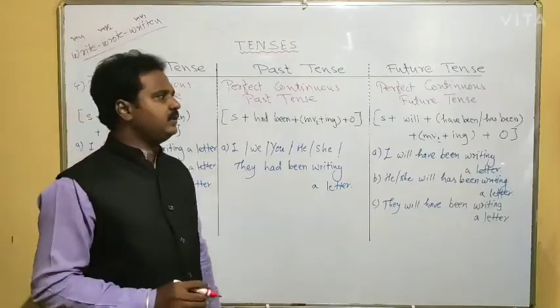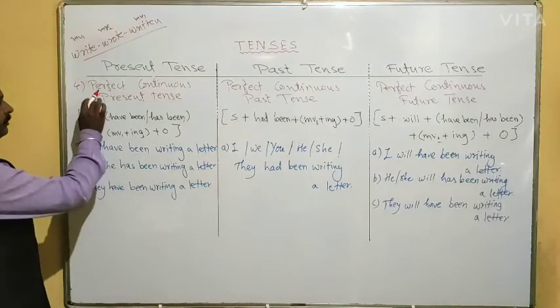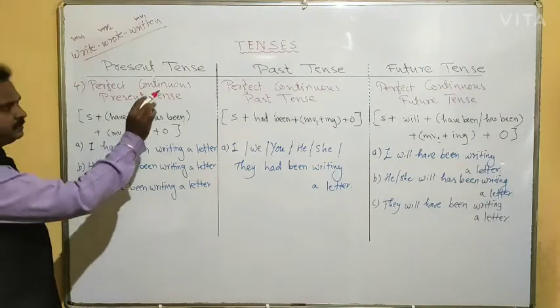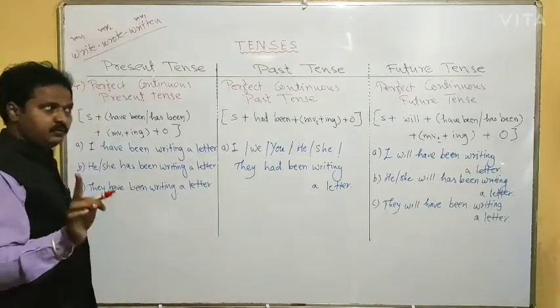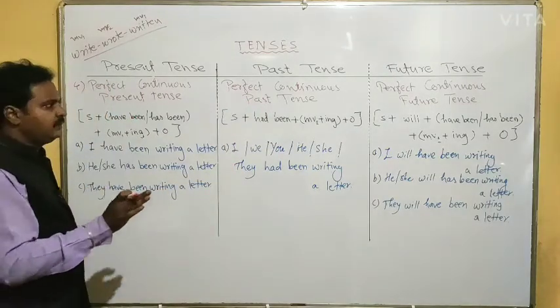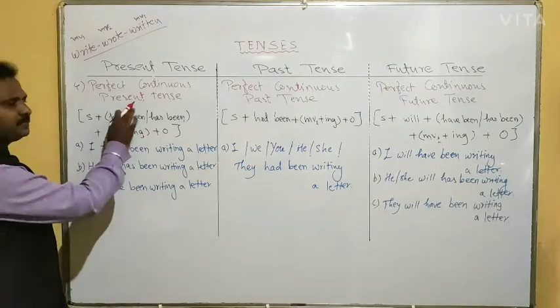So students, now see the fourth subtense, that is perfect continuous tense. In perfect continuous present tense, perfect continuous past tense and perfect continuous future tense, we have to use both the have form plus MV plus ing. How? Let us see the first one, perfect continuous present tense.